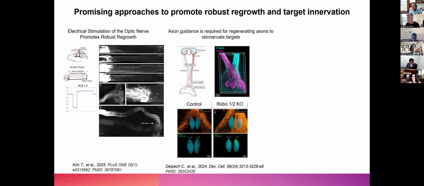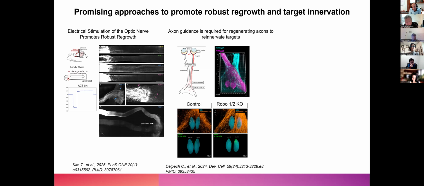Not the paper that I'm showing you today, but in another paper that they came out with, they set up the landscape of all the guidance signals in the adult brain before and after injury, which is very helpful to get a sense of what is in the brain and what we can leverage or silence or enhance.